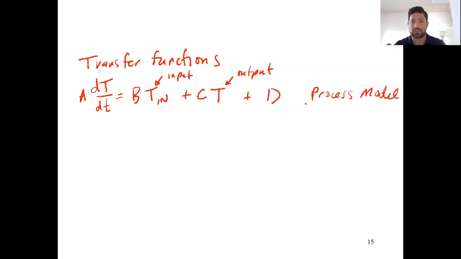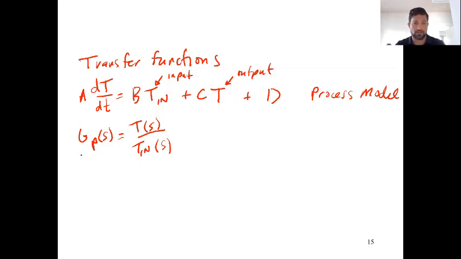And so a transfer function is a function that relates in the Laplace domain the input to the output. So a transfer function for a process is in the Laplace domain, and it's going to tell us the relationship between the output, which for a process is the control variable, the variable we care about, in the Laplace domain, divided by the input, the input function in the Laplace domain.